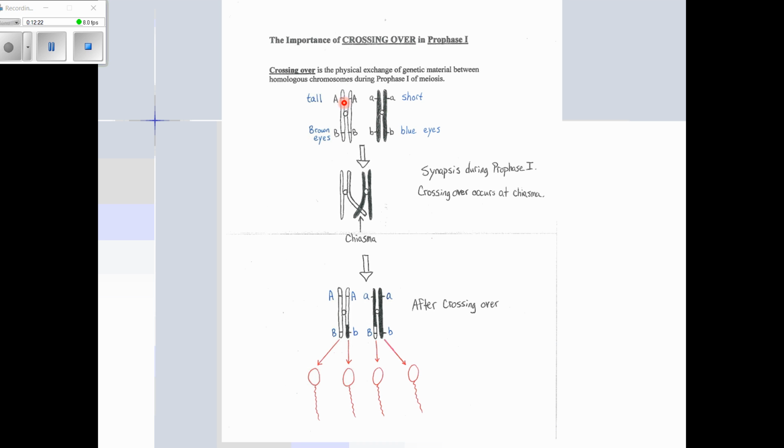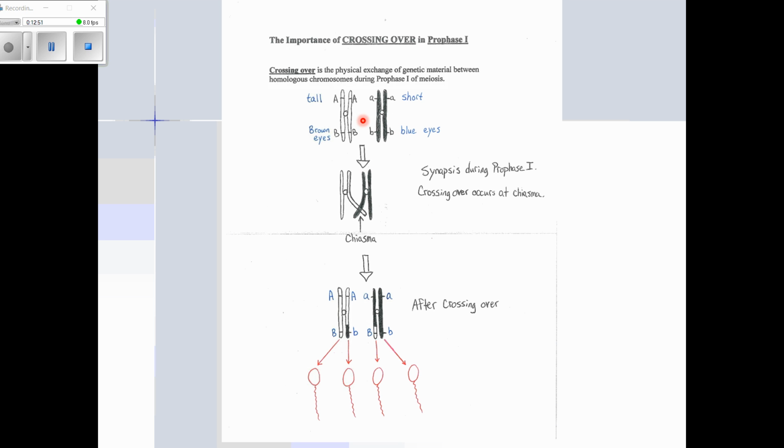And again, I'm using the same example I used before, where capital A represents an allele for tall and lowercase a is for short. So maybe my mom gave me a gene for tall, my dad gave me the gene for short, mom gave me a brown-eyed allele, dad passed down blue eyes to me. Well, now these are both my chromosomes, right? I inherited them from my two parents.